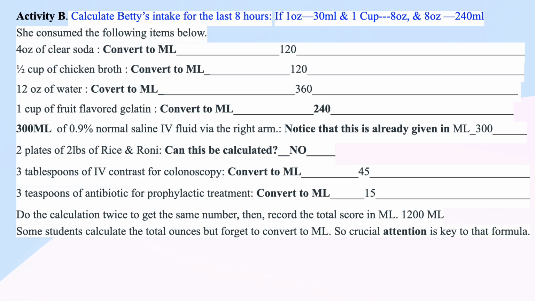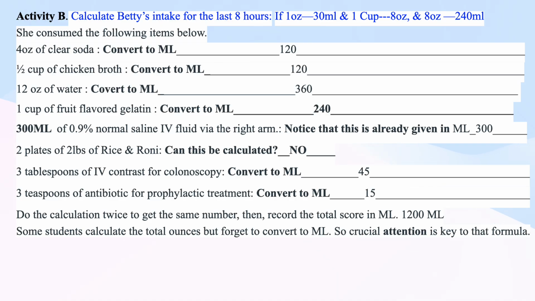Once you do the calculation, I advise you check it one more time to make sure that you got the same answer. If you have 2 different numbers on one same problem, there's a chance that one answer is correct and the other is wrong. I would say check it again for the 3rd time to make sure that you get the same answer twice.